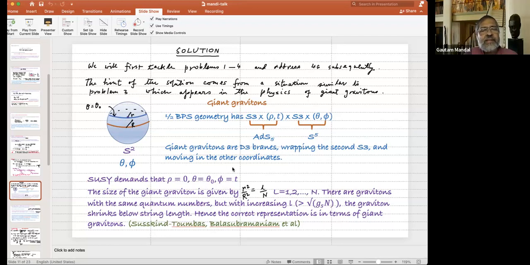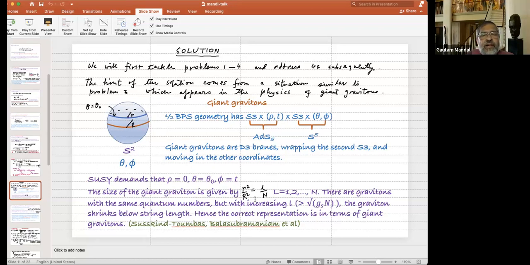Now, clearly, the angular momentum here will depend on your choice of theta naught. The size of this orbit is given as follows. If the size is little r, this little r is smaller the higher you go towards the North Pole.